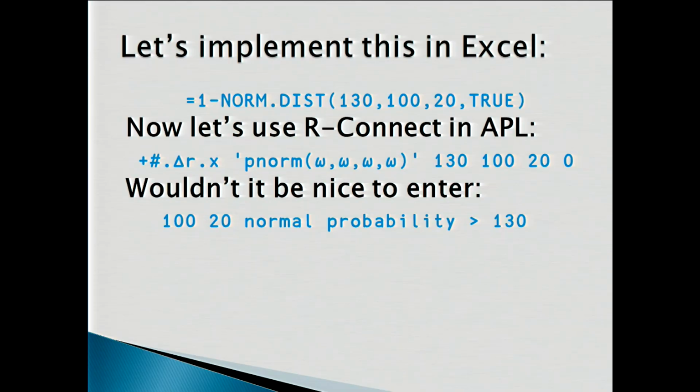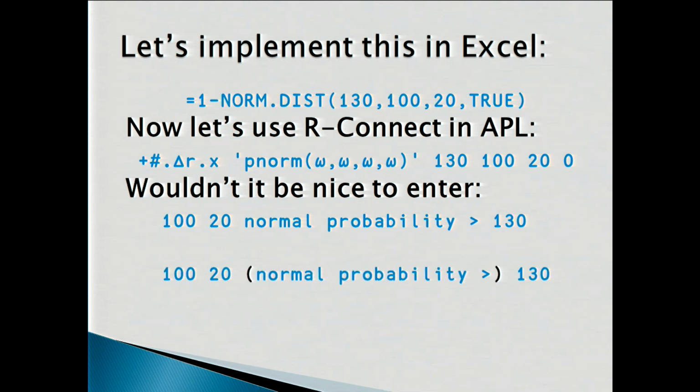Well, wouldn't it be nice if you could just enter something like that? Just say 120, the mean and standard deviation, normal probability greater than 130. I think that reads more English-like. Well, let me put some syntax in there and see.